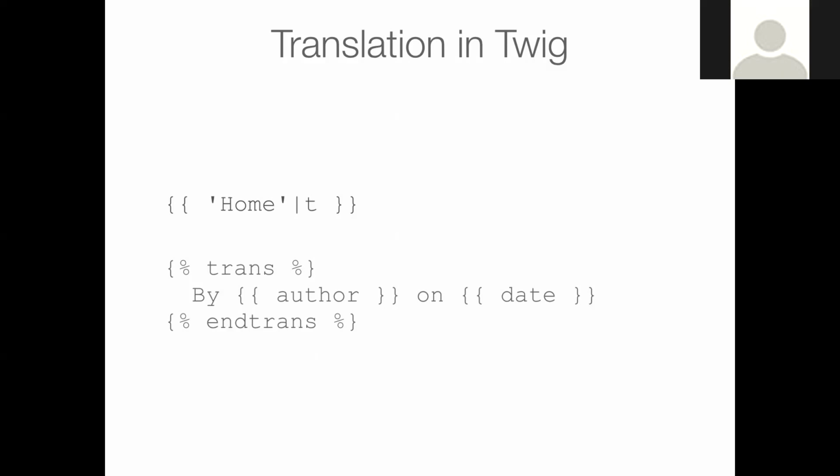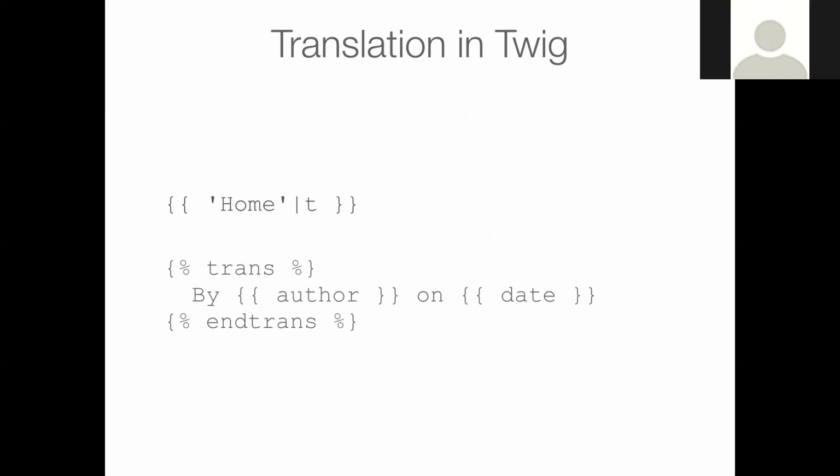And there's actually two ways to do that in Twig. You can use this T filter, which you see here as the first example. So the text home is made translatable just by passing it through this T filter. And those double curly brackets just mean that that variable is going to get printed out. So the home text will be printed out, and if needed, it'll be translated.